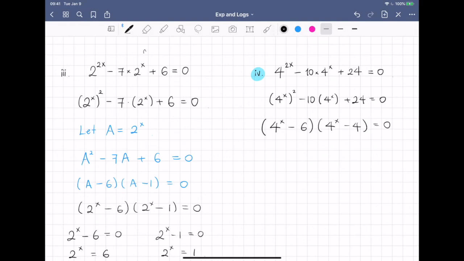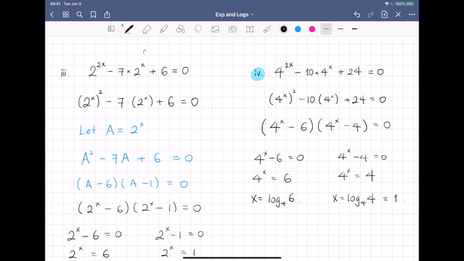So that means either 4 to the x minus 6 is 0, which means 4 to the x is 6. And changing this to log form, I get x is equal to log base 4 of 6. That's one of my answers. And the other answer is 4 to the x minus 4 is 0. So x should be 1, right? 4 to the x equals 4. And if you insist on writing it in log form, it'd be like that, which is 1.